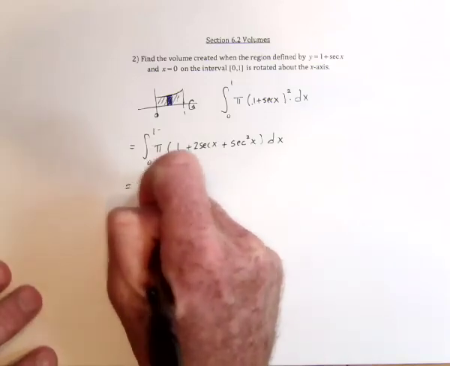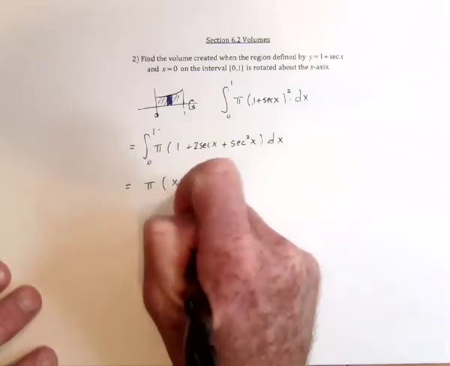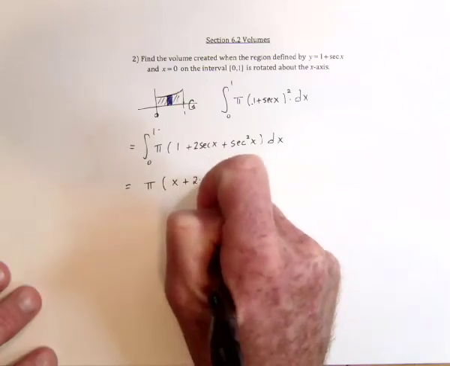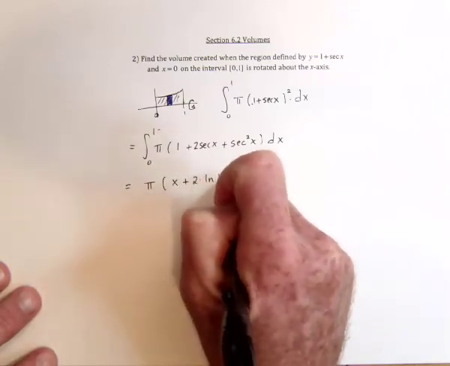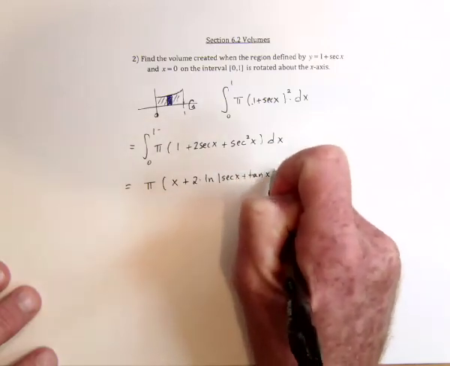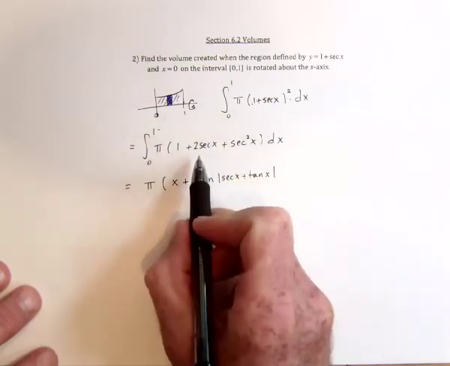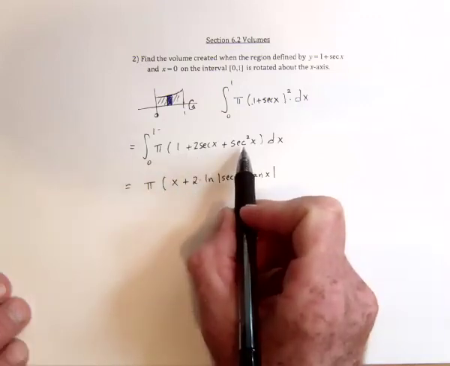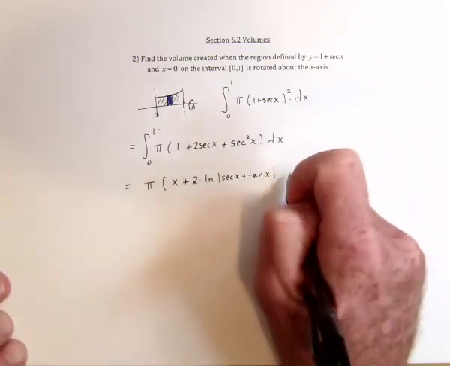So we've got a pi, this just becomes an x, then we've got 2 times the natural log of secant of x plus tangent of x, the antiderivative for the middle one there, and then this comes from the derivative of tangent.